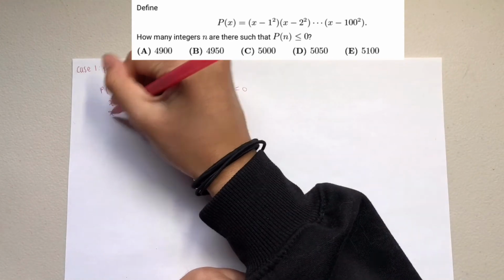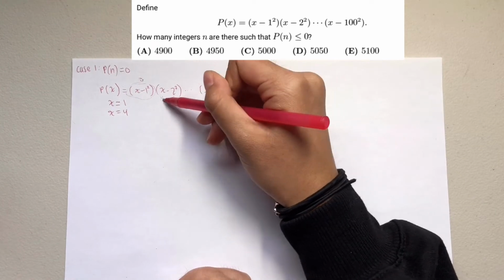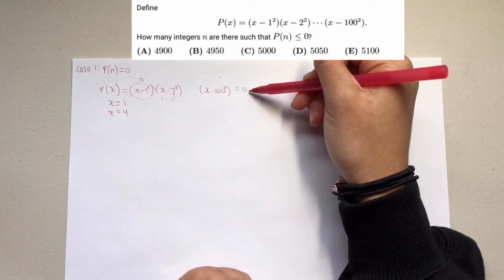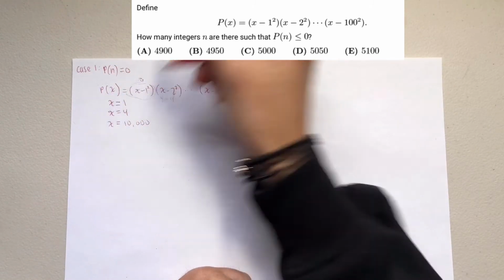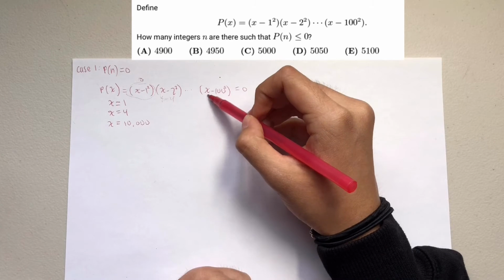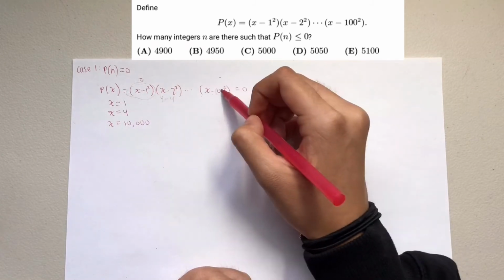Another example would be 4. So 4 minus 4 is equal to 0, and so that would make the entire thing 0 as well. Another example could be 10,000. If we plug that in here, 10,000 minus 10,000 makes the entire thing 0.